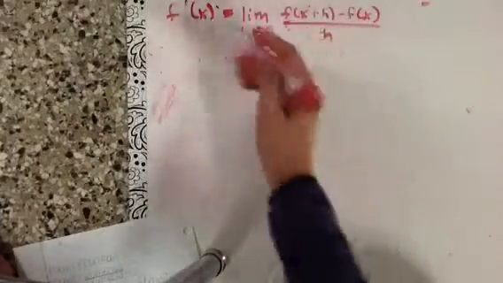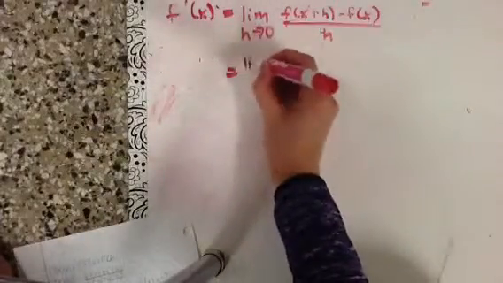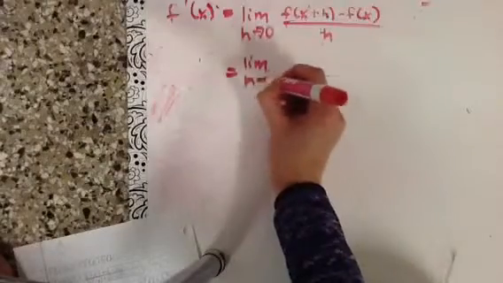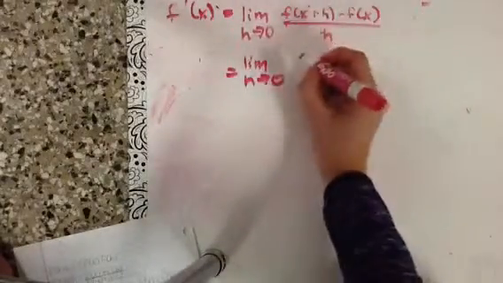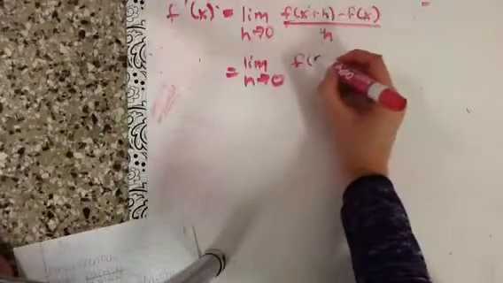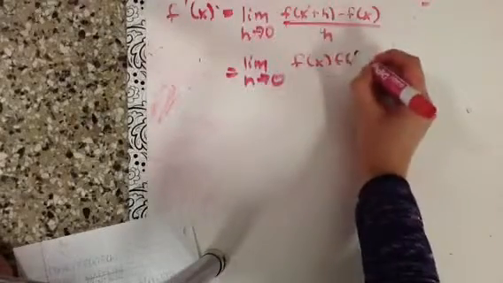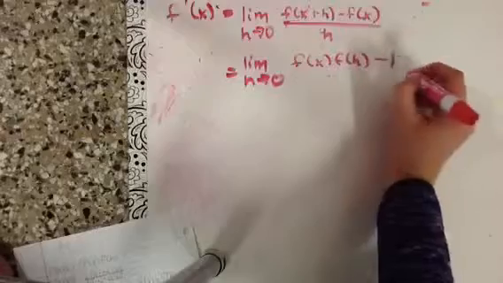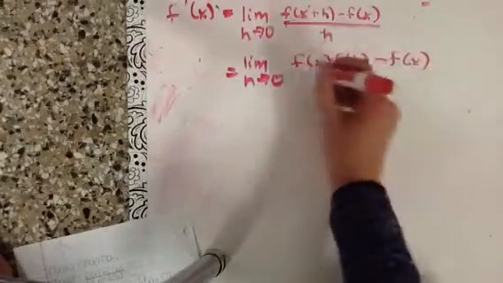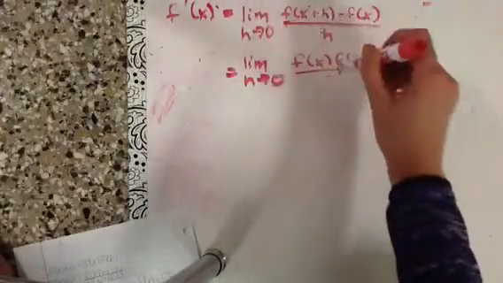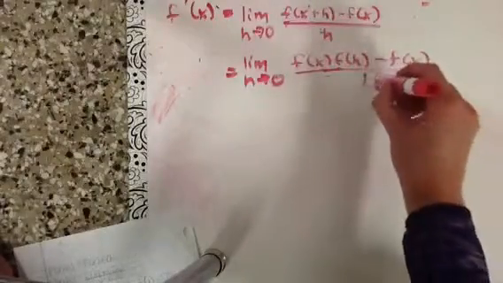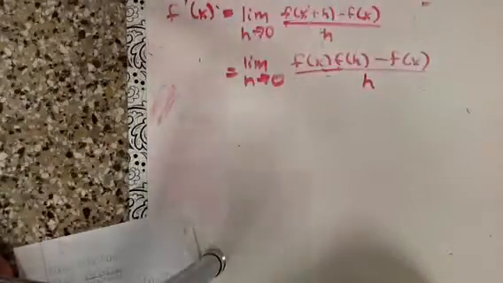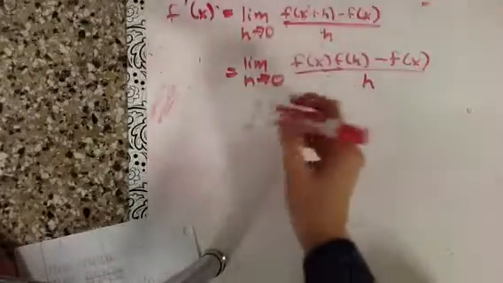And if you remember in part C, the part we just did, this right here is f of x times f of h, which is what we found, minus f of x. So we can replace this with this right here. It'll make things easier for taking things out.